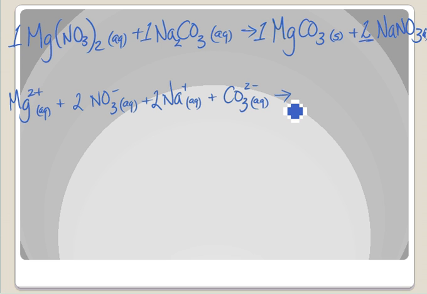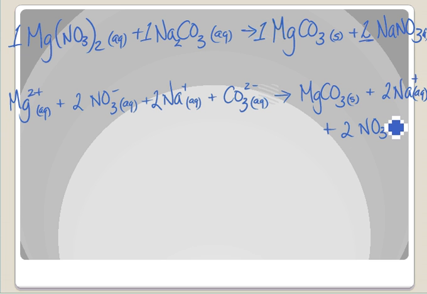On the other side of the equation, we have our solid, which does not dissociate, so it stays as is. And we have our other aqueous product, which we have two sodium ions, plus we have two nitrate ions.